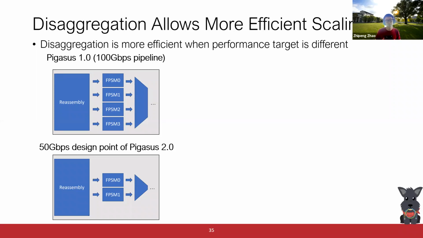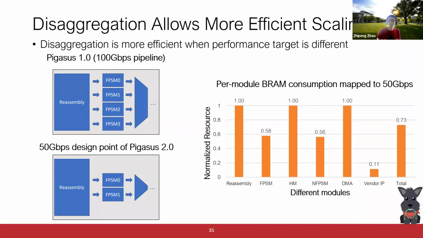But with Pigasus 2.0, users can tweak the design such that we can remove the unnecessary components. And in this graph, I'm showing you the per module VRAM consumption when mapped to 50 gigabit per second. On the x-axis, I'm showing you the different modules in the design. And on the y-axis, I'm showing you the resource consumption normalized to a 100 gigabit per second pipeline.